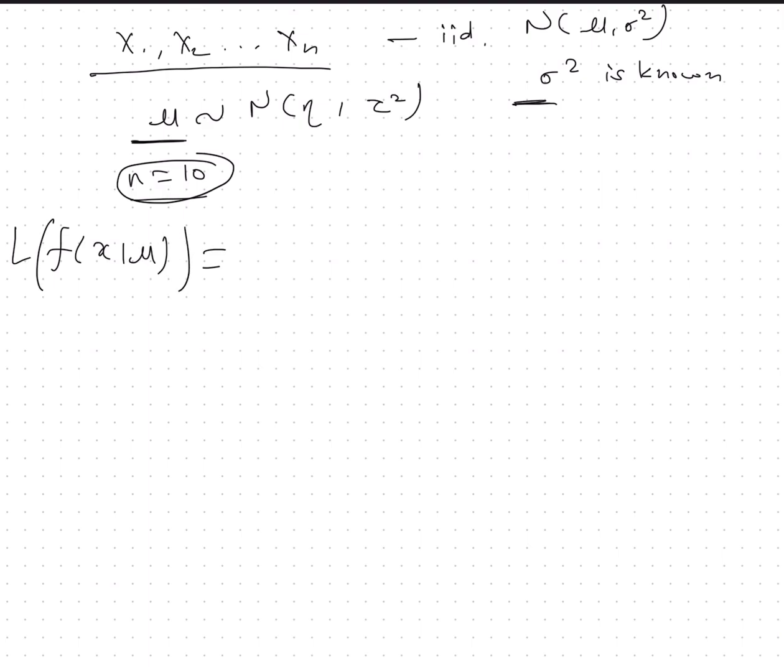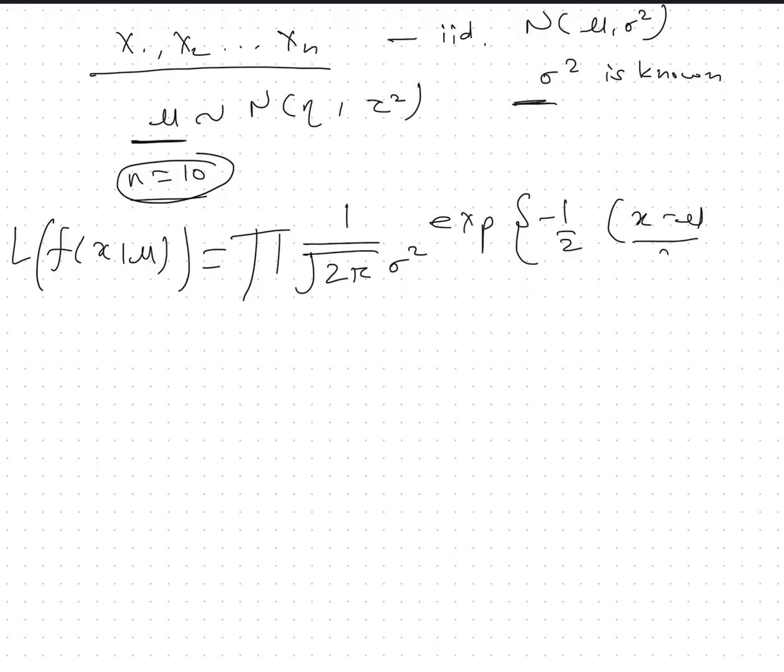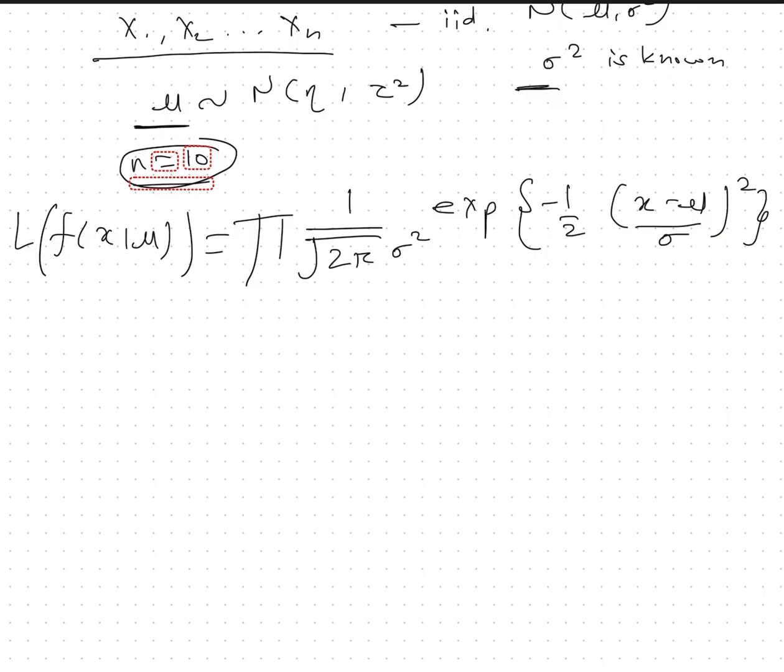I will write the likelihood function, that is 1 over the square root of 2 pi sigma square, times exponential of 1 upon 2. Now this is a likelihood function for the normal distribution. For the sake of convenience, since this is conditioned on mu, we are going to ignore the constant term, which is not dependent on mu.